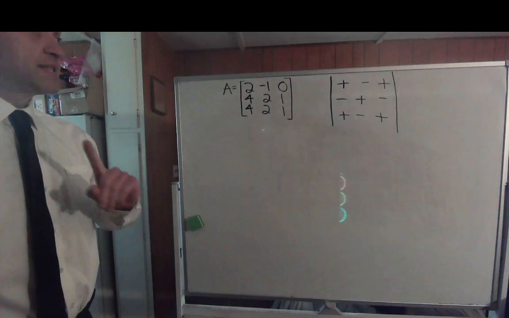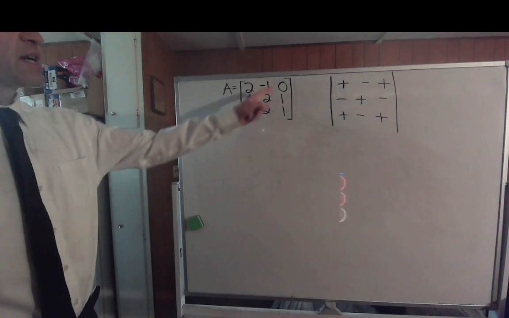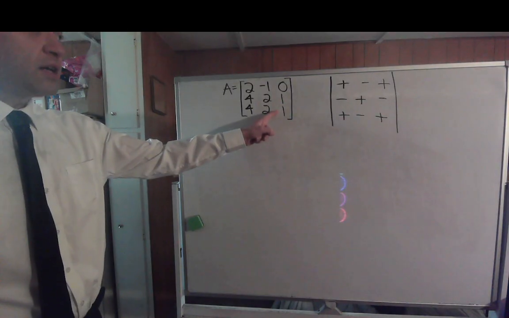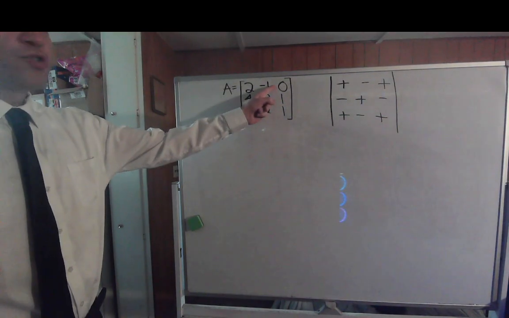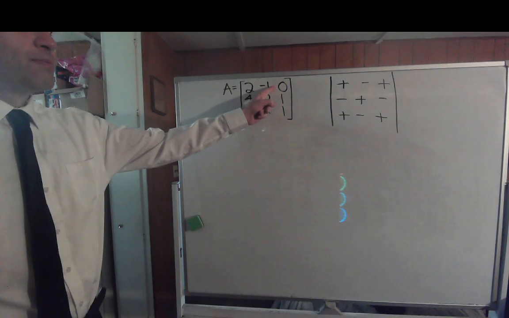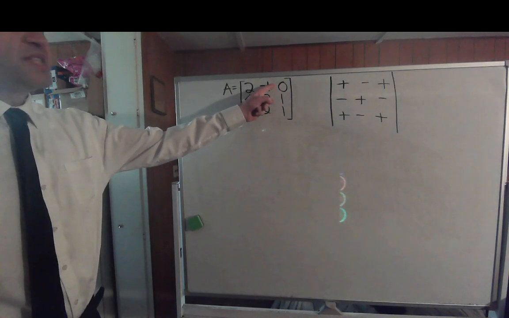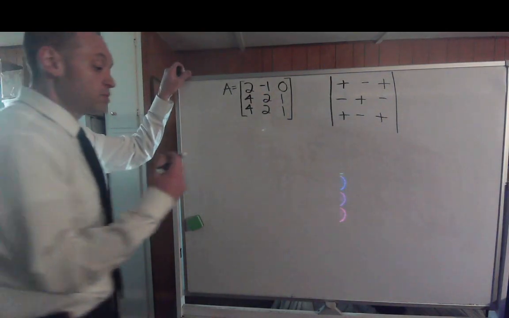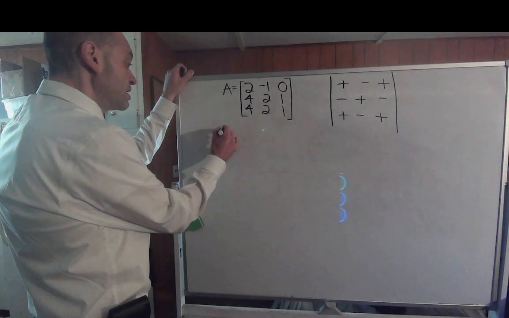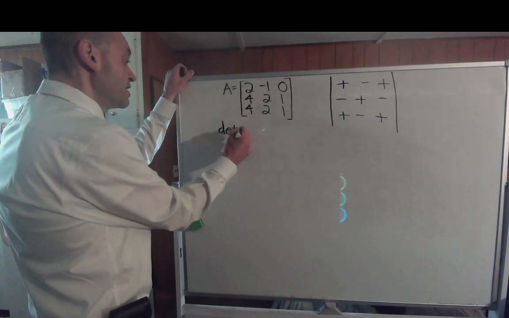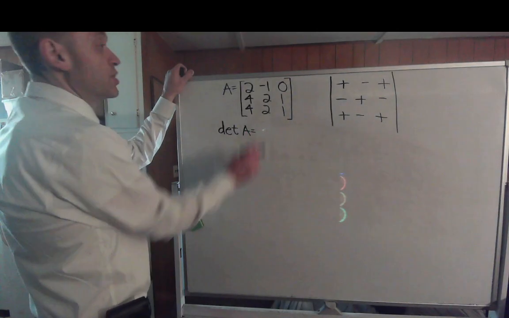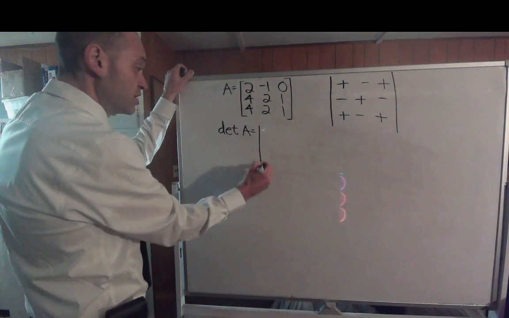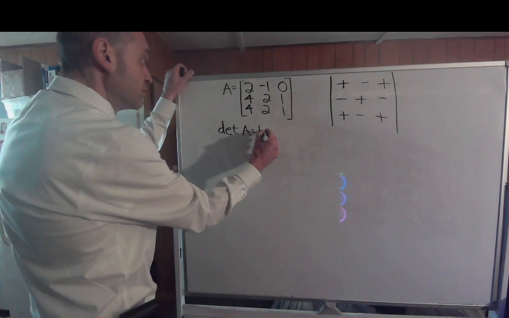Now let's look at something here. If we pick column 3, we go down the column, your first entry right away is a 0. And well, we know 0 times anything is 0, right? So here's what we can do. Let's say we're going to take the determinant of A. We're going to first convert all this into determinant form with that absolute value looking thingy there.